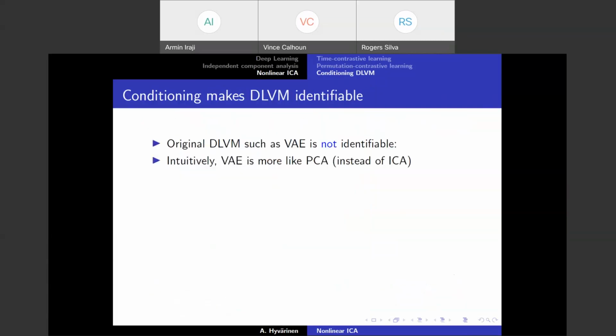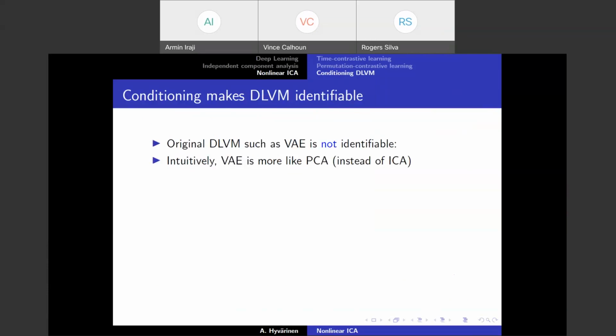Okay, next please. Okay, as I just showed, the original model of VAE, the original deep latent variable model, is not identifiable. But VAE is actually an interesting method. I would just say that what it is actually doing is more like PCA.